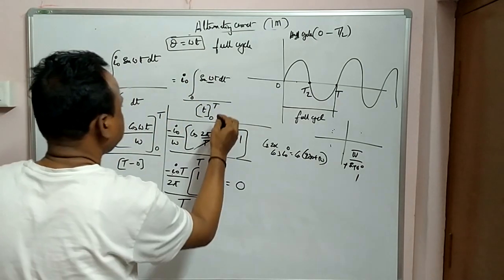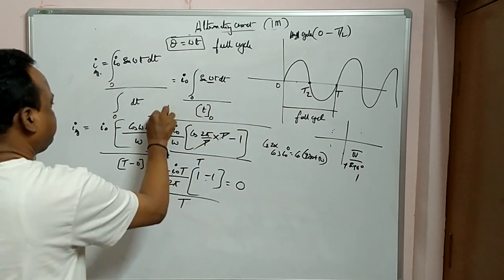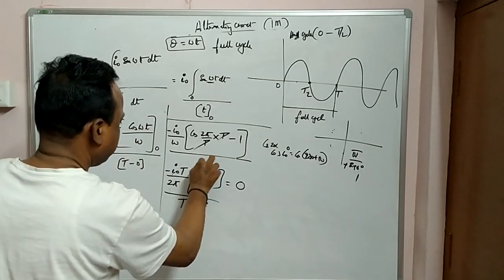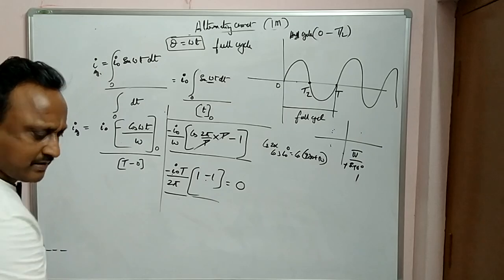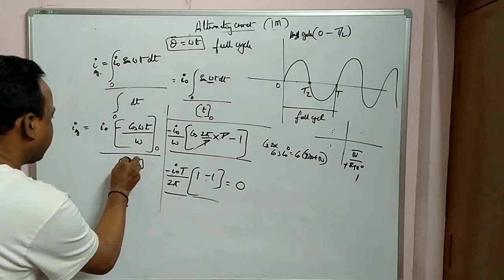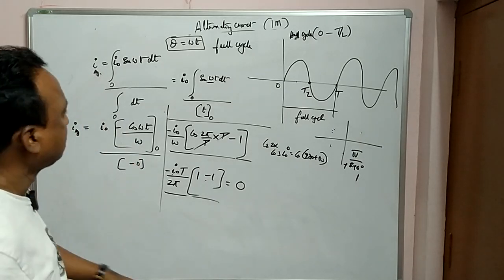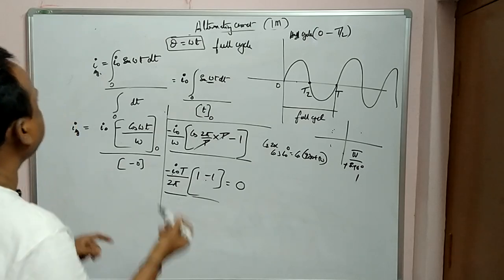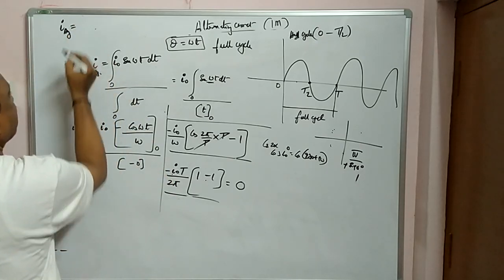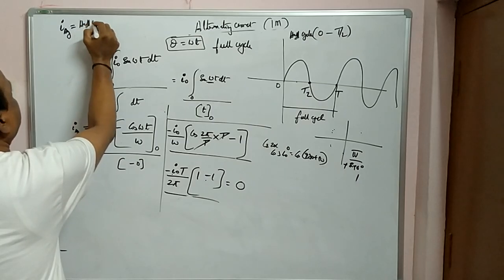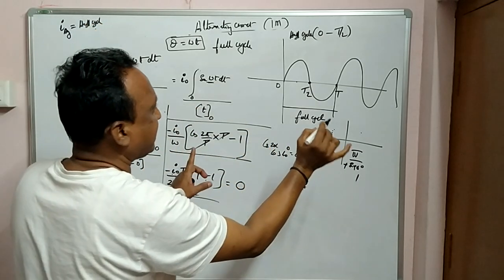Remaining all will be the same, only I am changing the limits. So the half cycle I average: for full cycle it is 0, already clear.